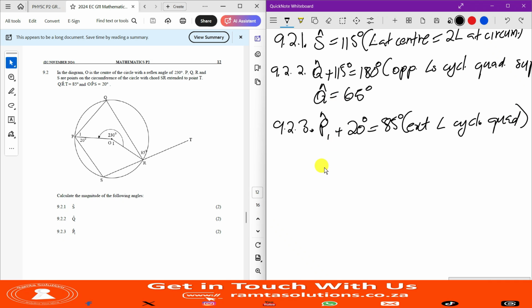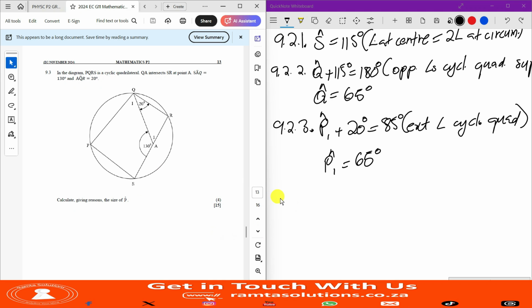Therefore, angle P1 is equal to 65 degrees. Remember I said we must do this in 6 minutes. We were done in less than 6 minutes.